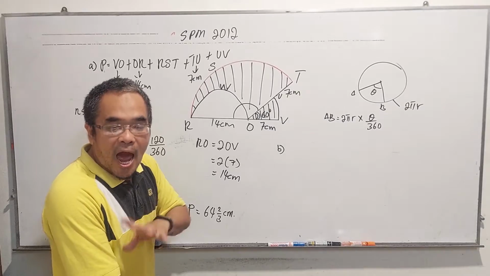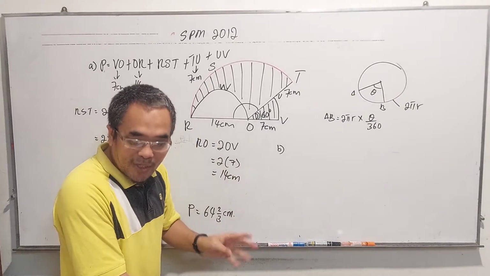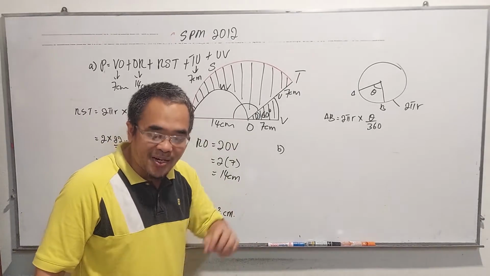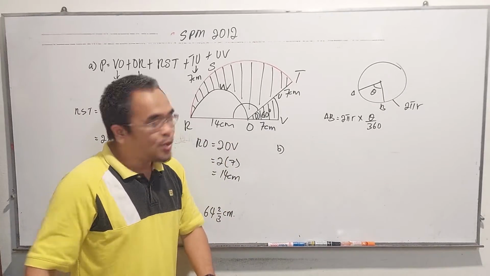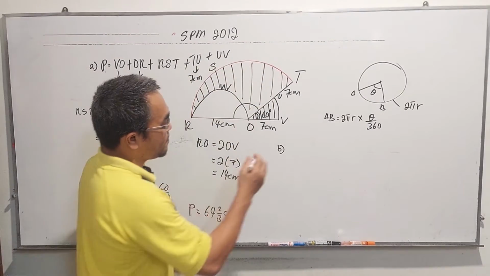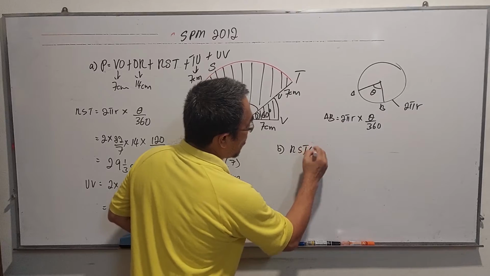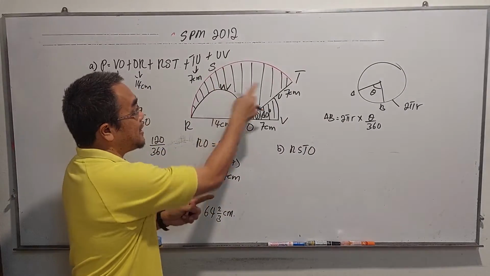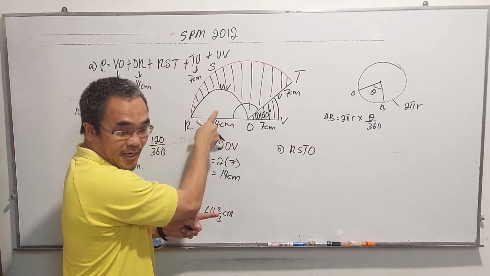I do not know the name of it. In the case that we do not know the name, we cannot calculate it by itself. So we have to calculate, in this case, the sector RSTO, including this shaded plus the unshaded.